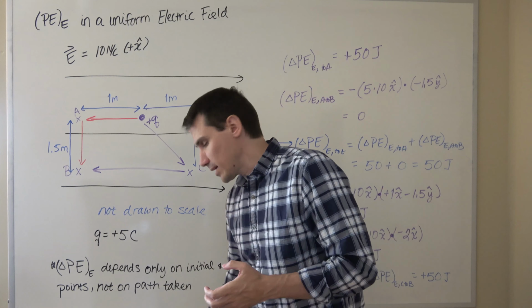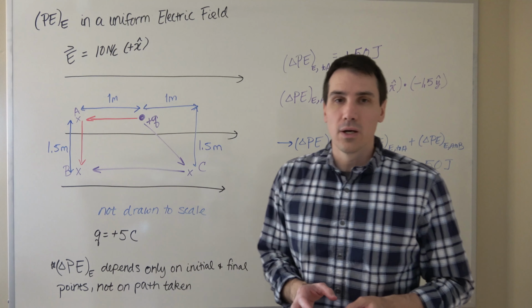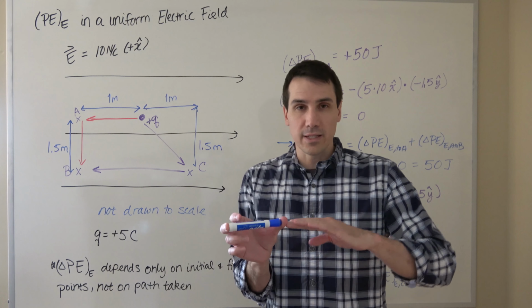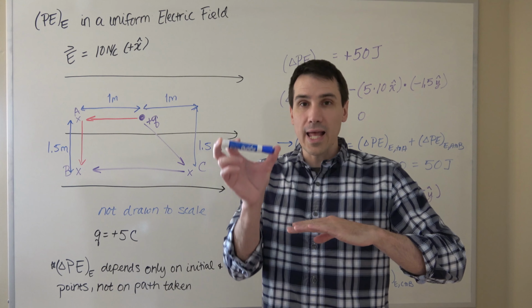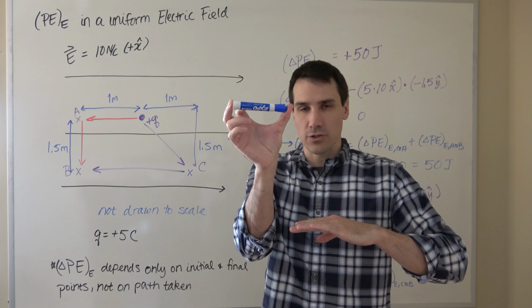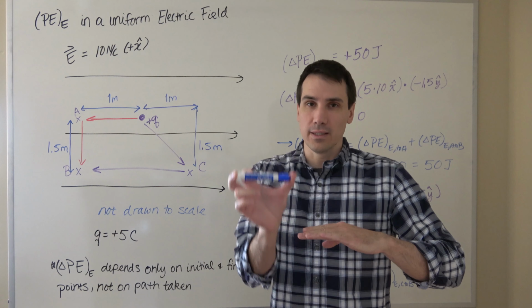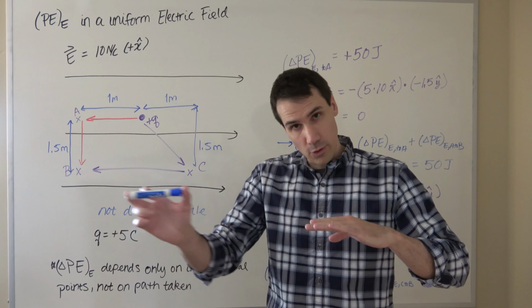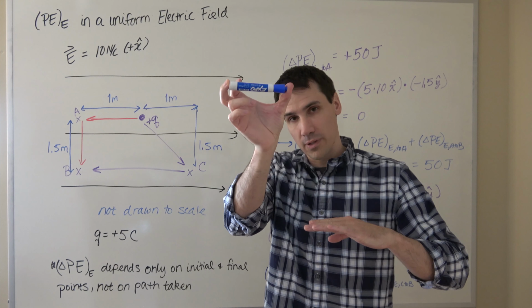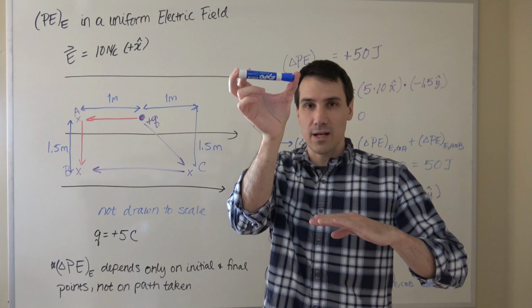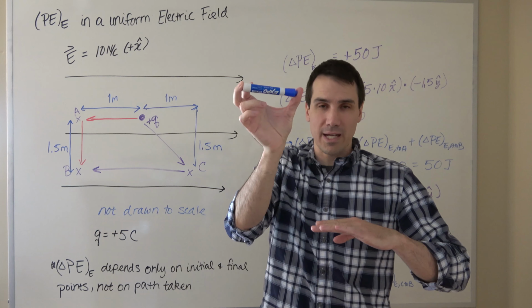We can think about this using a gravitational analogy by thinking about a pen that starts at this height and ends 1 meter above its initial location. It doesn't matter if I lift the pen directly up, if I move it to the side and then lift it up, or if I lift it up and then lift it up more and then bring it back down.